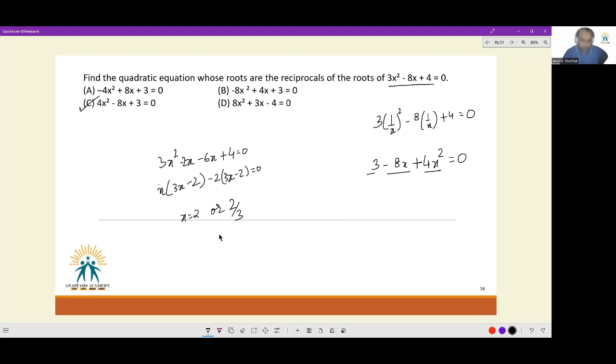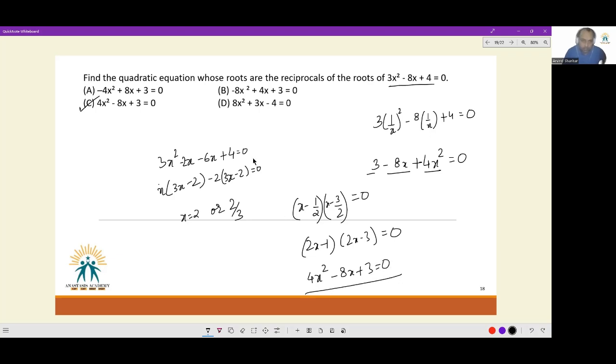If I'm looking for reciprocals as roots, my two roots will be half and 3 by 2, or the equation will be formed this way: (2x minus 1)(2x minus 3). Remember, it is equal to 0, so multiplying 2 with 0 becomes nonsense. So I open it up, I get 4x square minus 2x minus 6x plus 3... Same work, but this is longer. This is the shorter way of doing the same question.